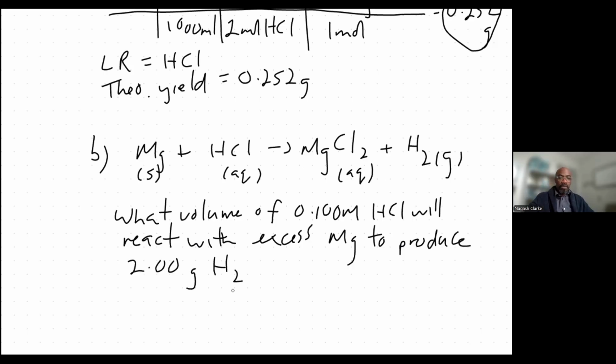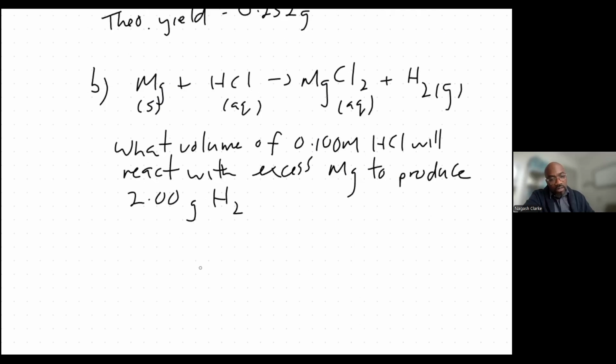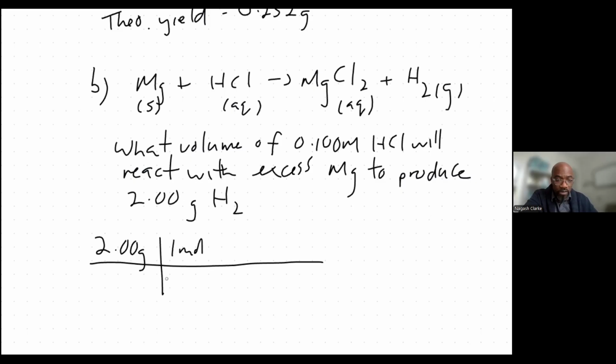Okay. So we're going to start with our H2. We can't really work with grams. We have to convert to moles. 2 grams of H2, 1 mole over 2.016 grams of H2. And then we are going to figure out the ratio, which we already did.